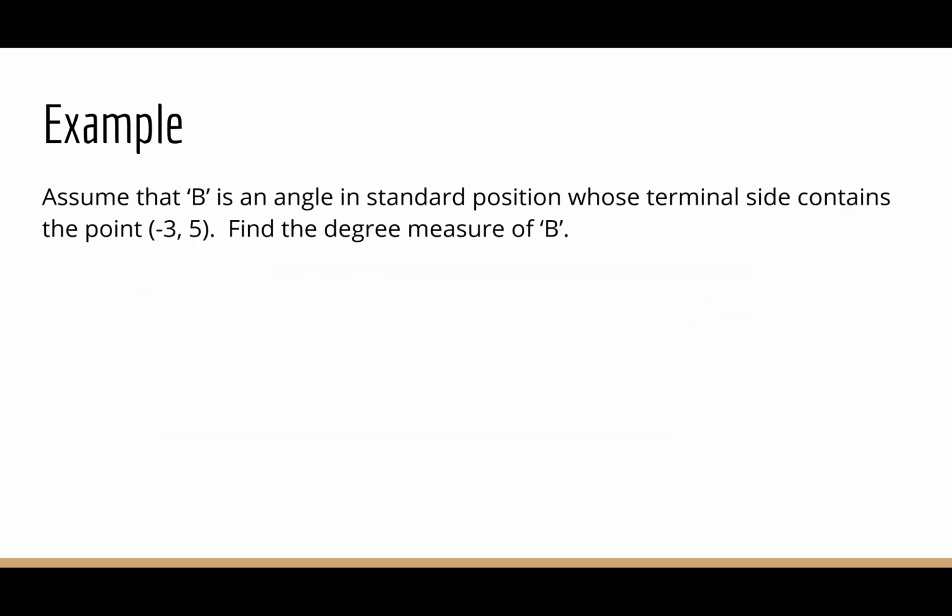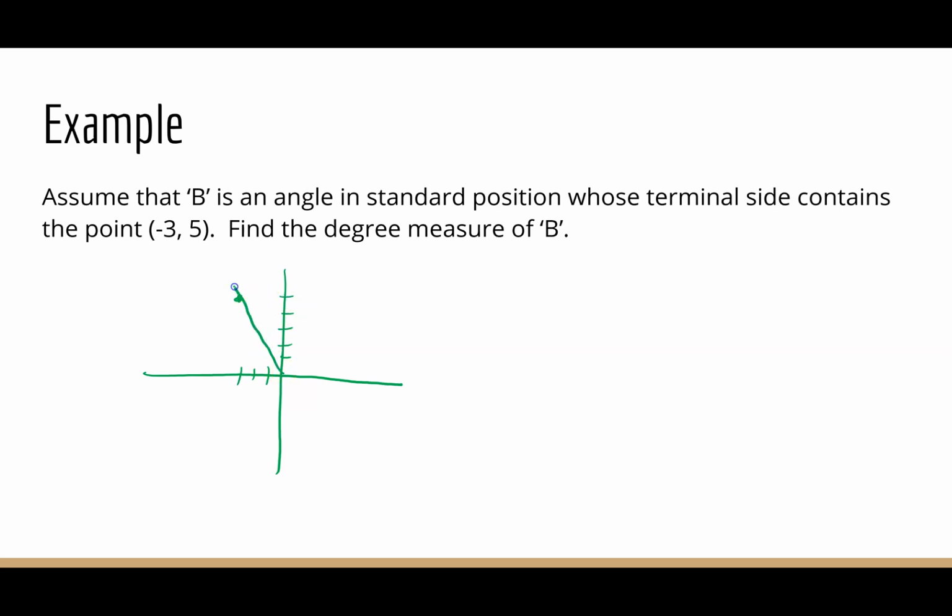All right. So a couple other types of problems that may show up in terms of using the unit circle. However, we're going to be outside the unit circle now. So assume that B is an angle in standard position whose terminal side contains the point -3,5. Find the degree measure of B. So -3,5 is a point over here.